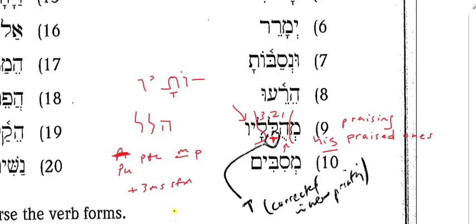The action is directed towards whoever that participle is modifying. So here we're probably talking about the saints of God, the holy ones. Those are the praised ones, and they belong to God. So they're His praised ones.